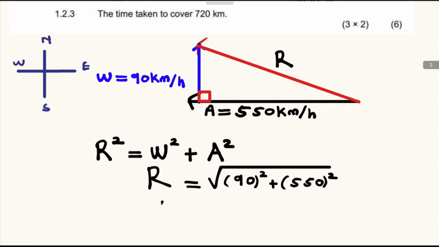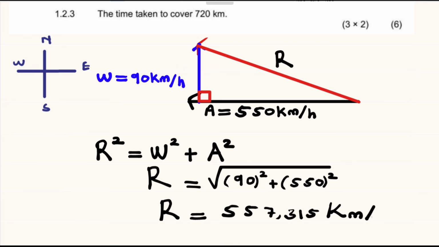So our R, the resultant velocity of the aeroplane, will be equal to 557.315 kilometers per hour. And the answers that I have for 1.2 are very different from the ones I saw on the electronic memorandum.